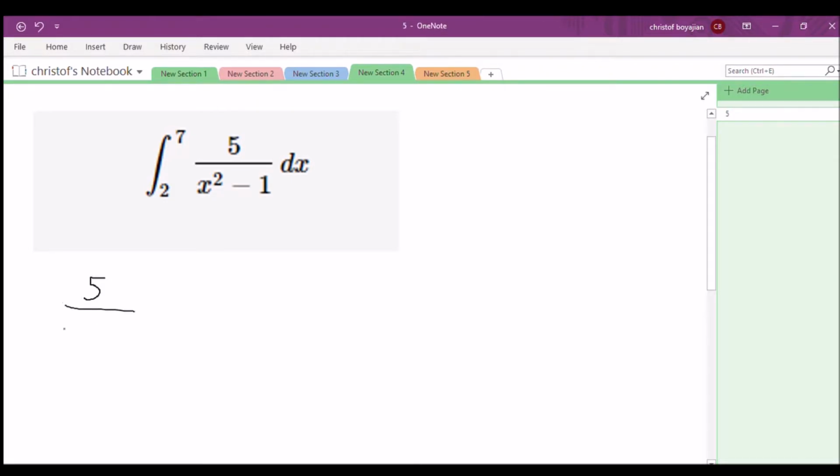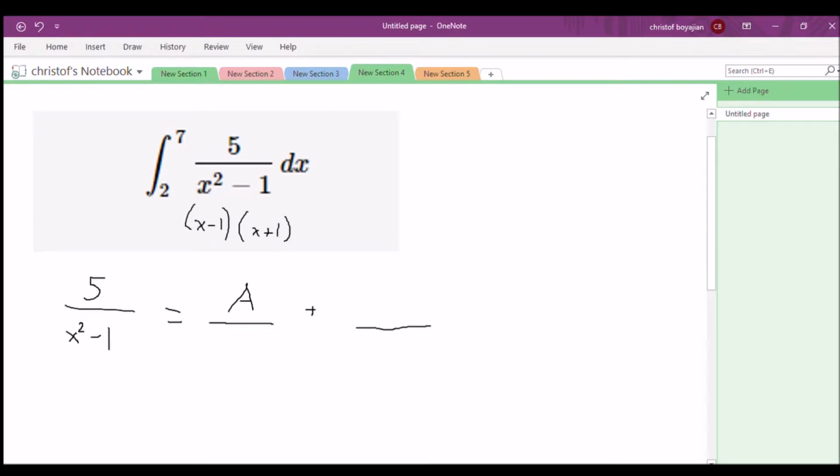So I'm going to say 5 over x squared minus 1 is equal to, now remember, in partial fraction decomposition, however many terms you have in the denominator is how many separated fractions you're going to have. So in this case, we can rewrite x squared minus 1 as x minus 1 times x plus 1, right?